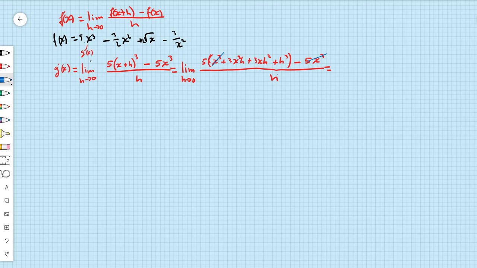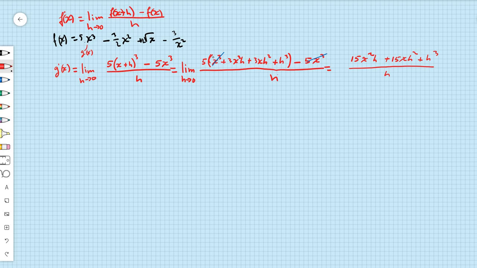So you're only left with 15, because remember, you have 5 times 3, so that would be 15x squared h plus 15x h squared plus h cubed, all that over h.